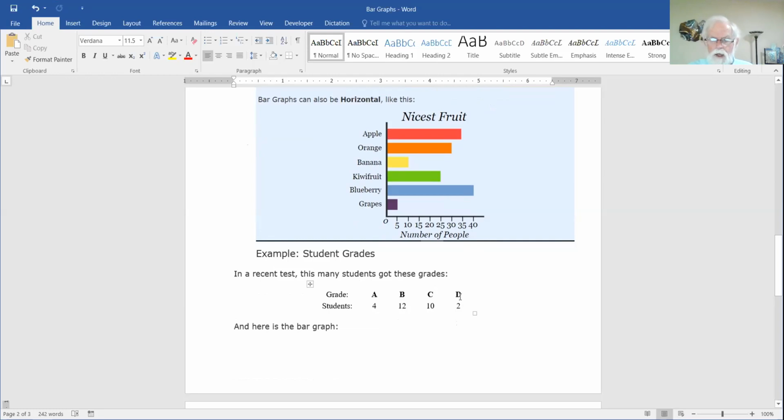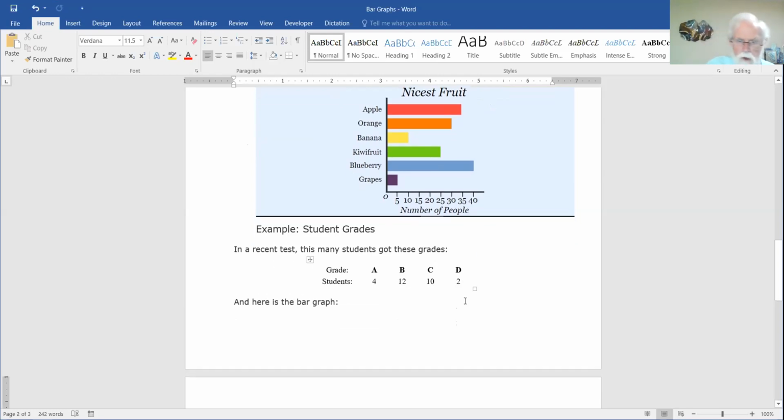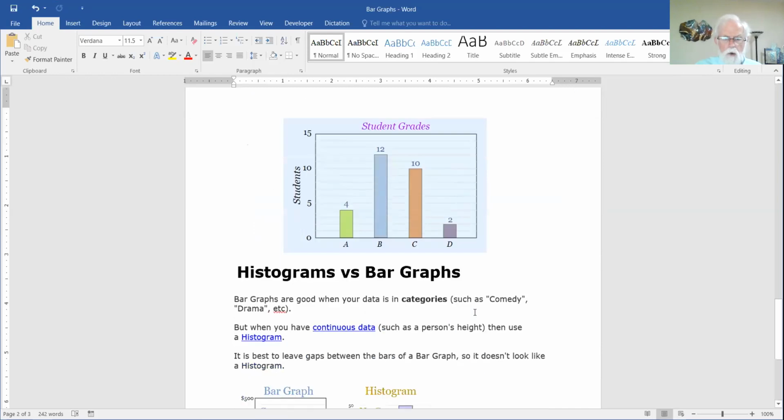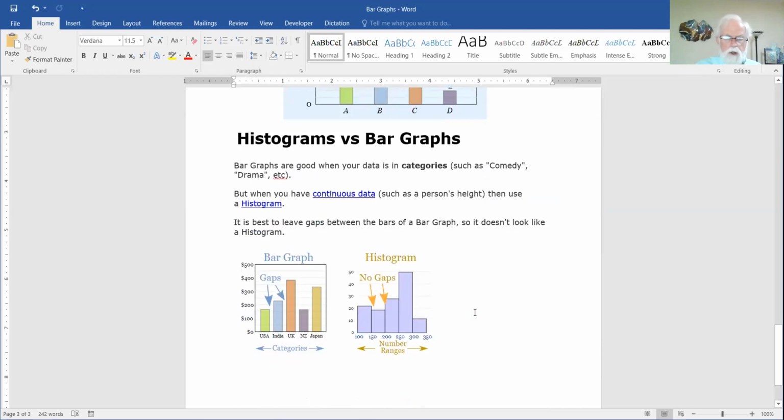There are distinct values that we can place on them, whereas some data, such as height or blood pressure in a group of people, are what we call continuous data because they can have any value along a line, a continuum of values.